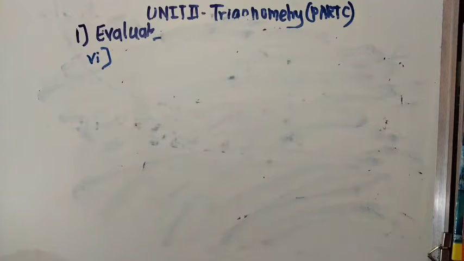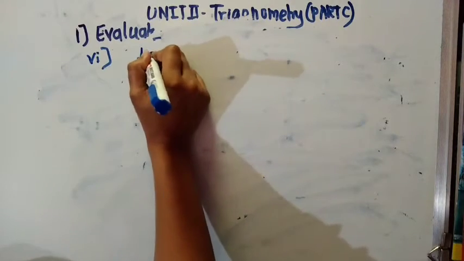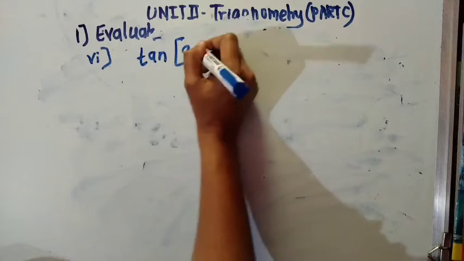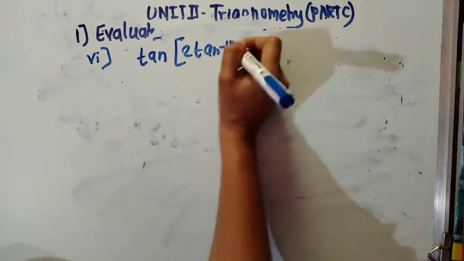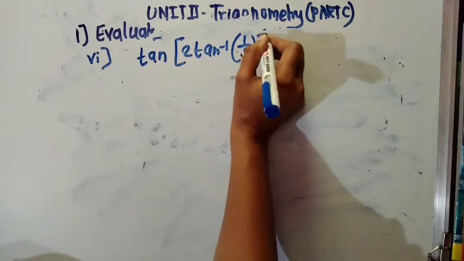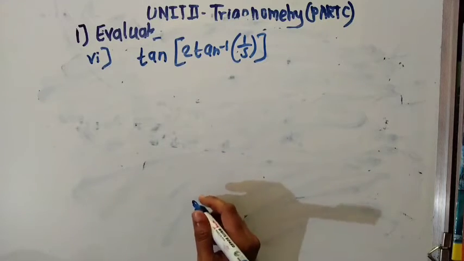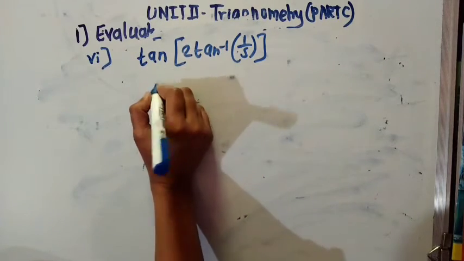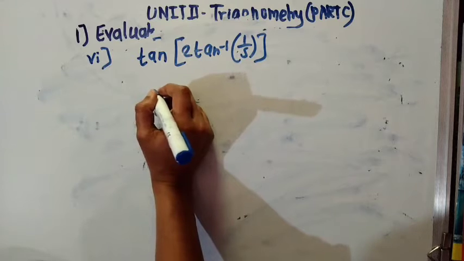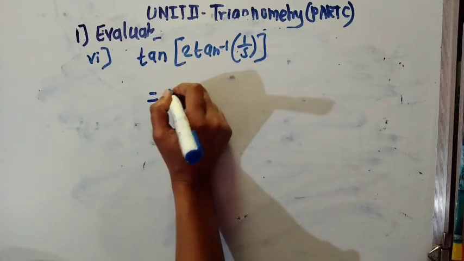Next example, tan of 2 tan inverse of 1 upon 5, which is equal to tan.